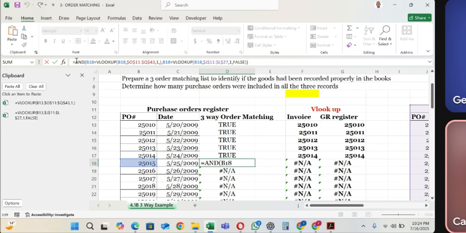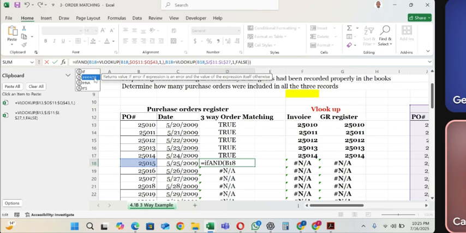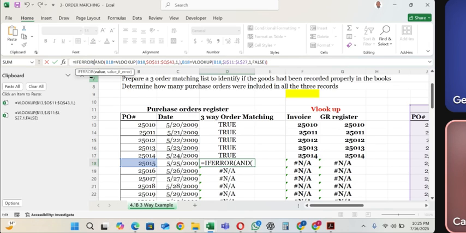Select the purchase order. Click the second yenye ulicopy. Teacher, tuna click purchase order gani? Hiyo PO ama the amount? Hii amount, hii ya chini, hii ya B13.